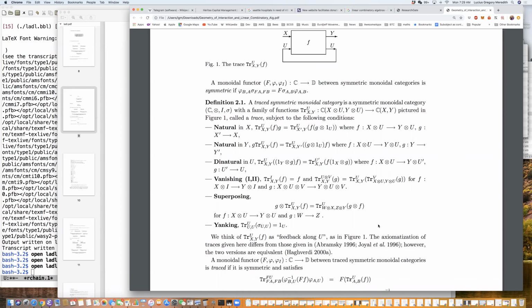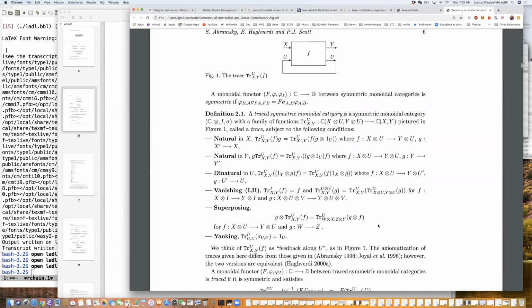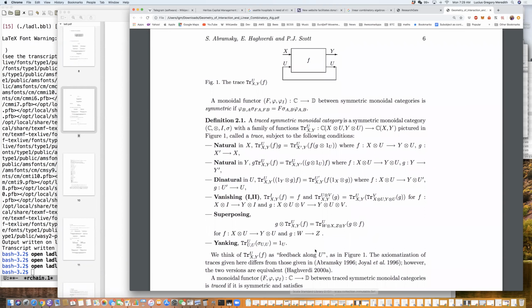So this is again the same idea as thinking of the trace as feedback along the U. That's the general idea. And why is it called symmetric? Symmetric monoidal is that you've got a morphism from X tensor Y to Y tensor X, called a braiding, or the symmetry.